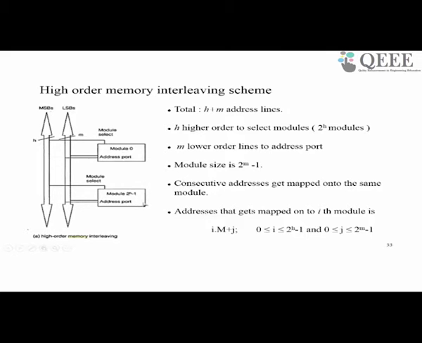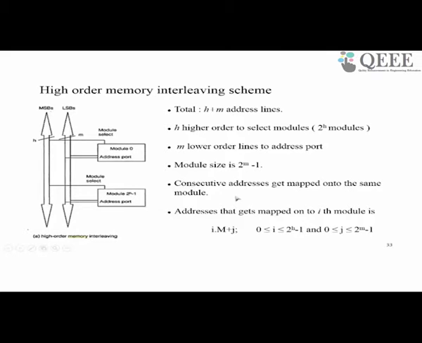We can have 8 modules numbered from 0 to 7. The lower order lines, M lines, are connected to the address port of all these modules. Let us assume M is equal to 10, then 10 lines are connected to the address port, and therefore the size of each module is 1k. Putting it together, we have 8 such 1k modules being arranged.